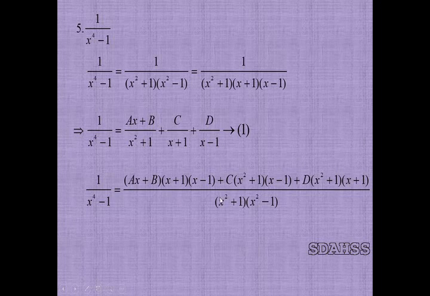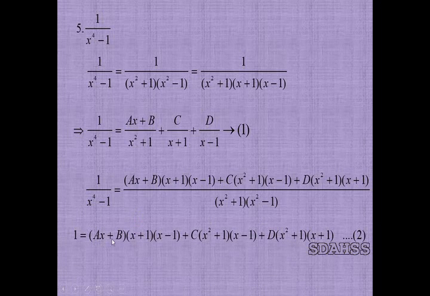Here x square plus 1 and x plus 1 is missing, so you have to write those two terms, d into x square plus 1 into x plus 1. Now cancel the denominator, so remaining you have 1 is equal to ax plus b into x plus 1 into x minus 1 plus c into x square plus 1 into x minus 1 plus d into x square plus 1 into x plus 1, mark it as second equation.